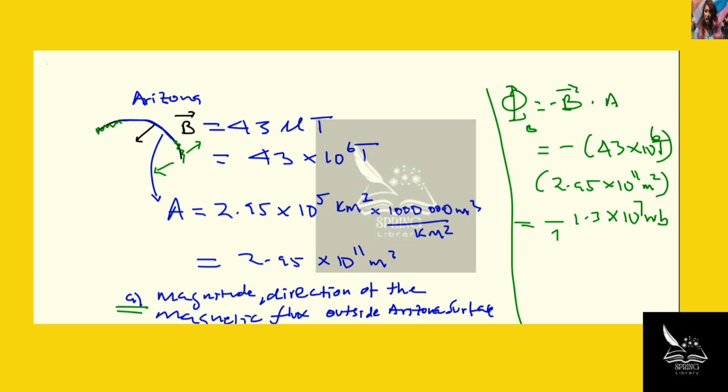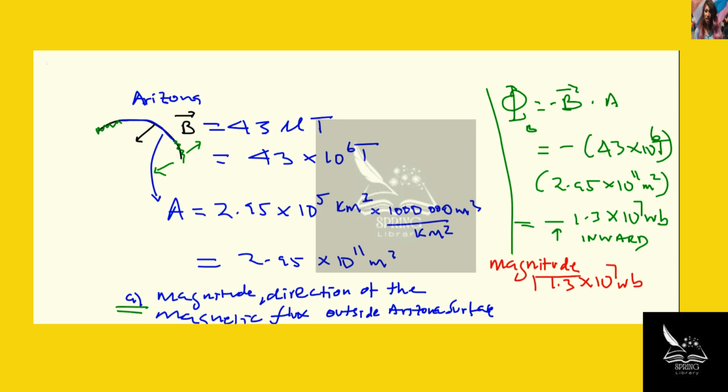The negative sign just means that it's pointing inward. That's for Arizona, it's pointing inwards. But our main interest is for the rest of the surface other than Arizona, so we'll say that it's going to be the opposite of that. And so the magnitude would be 1.3 times 10 to the 7 webers.